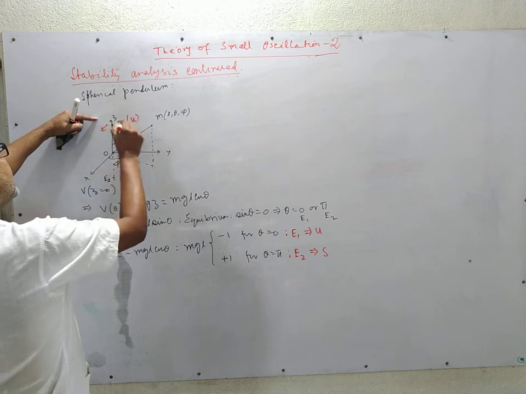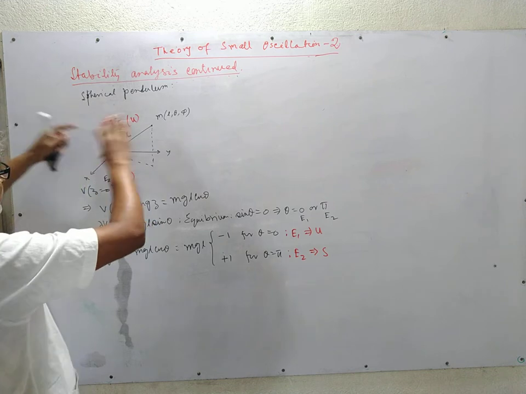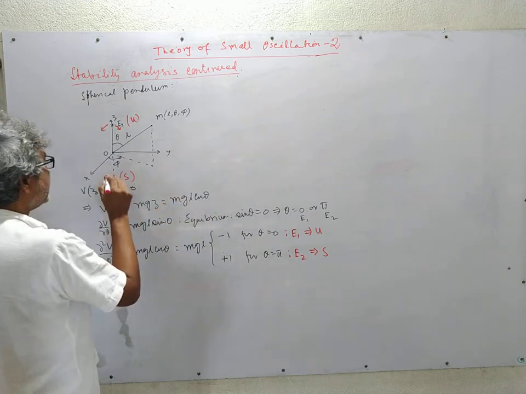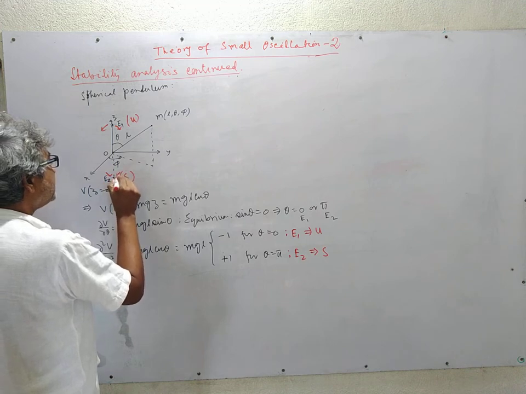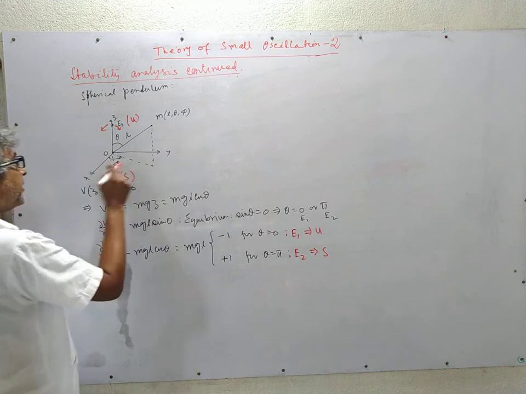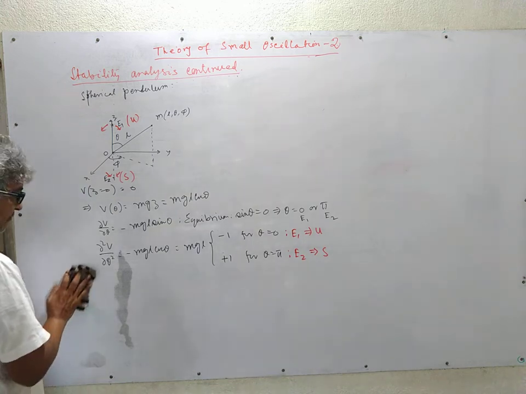So when perturbed slightly, it moves away. On the other hand, if you perturb the system slightly from E2, the particle comes back to the point E2. That's why it is a stable equilibrium point. So much about the stability of a one-dimensional system.